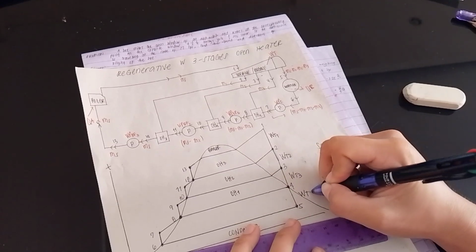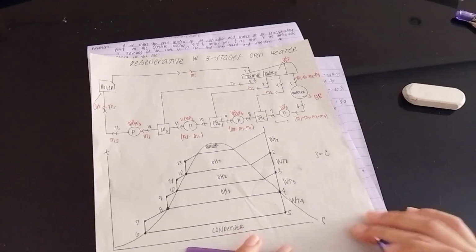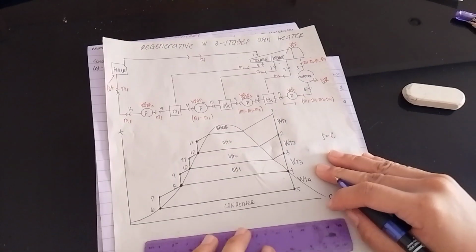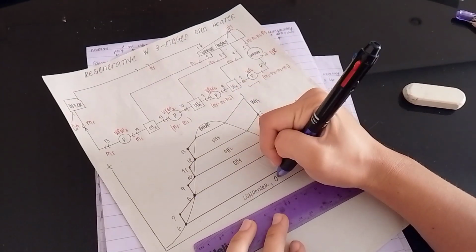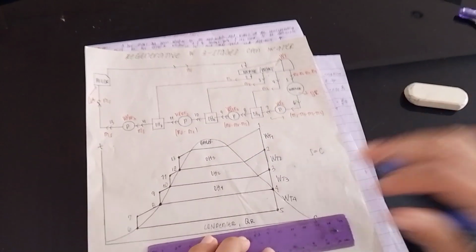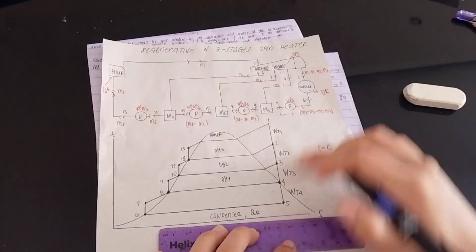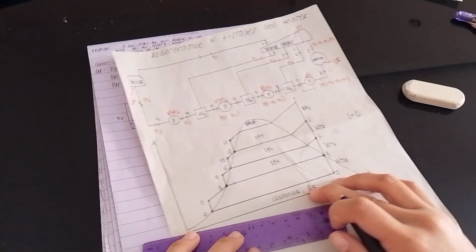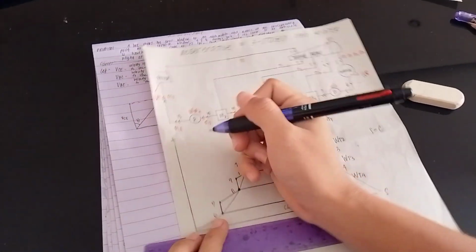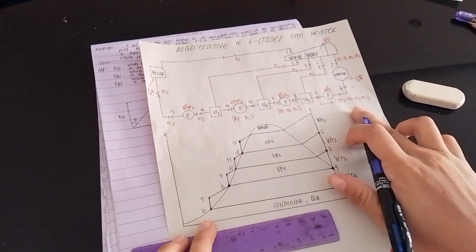Then last, we have the work turbine 4. This part, the condenser, is the heat rejected, our QR. This is the condenser QR.